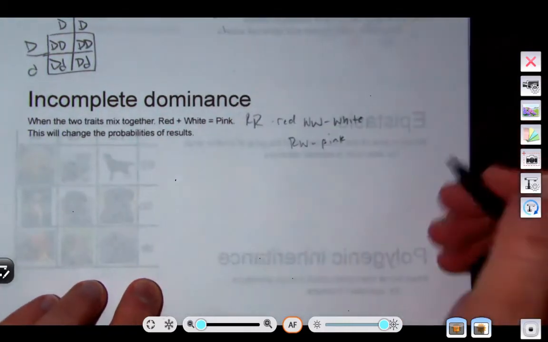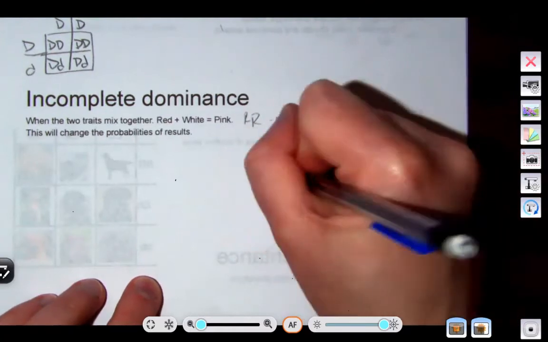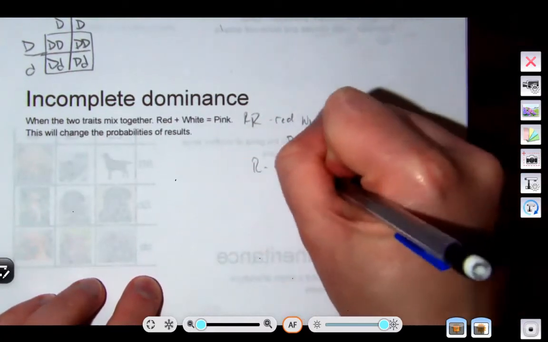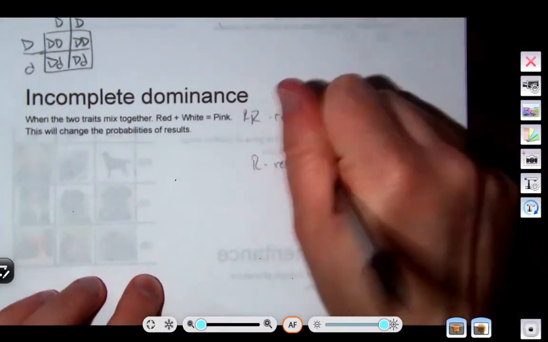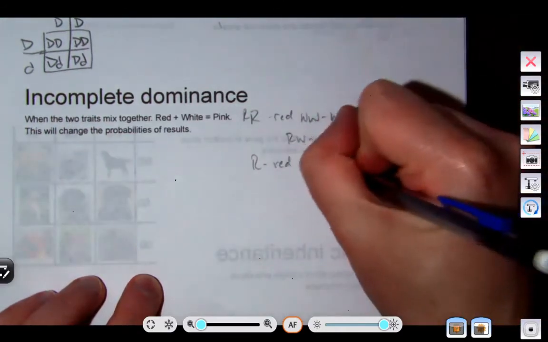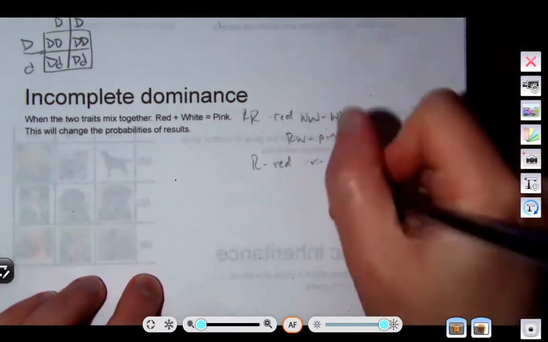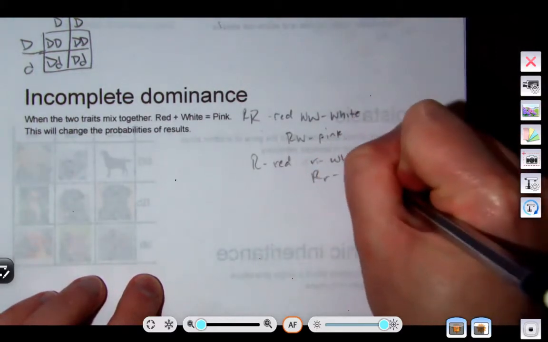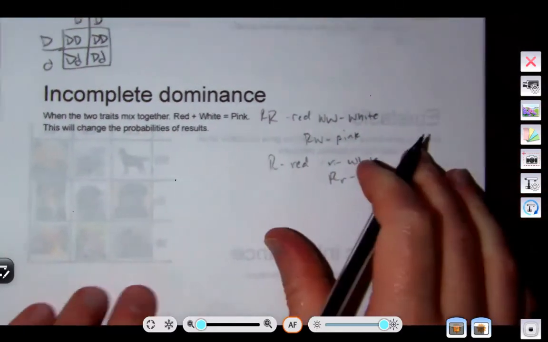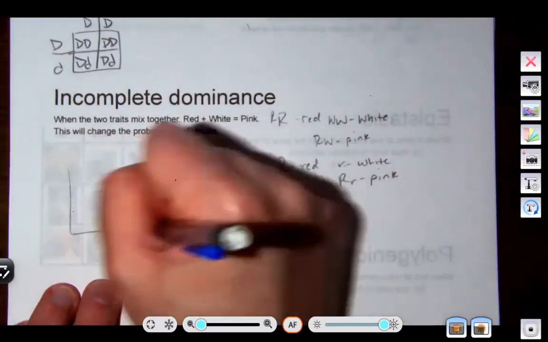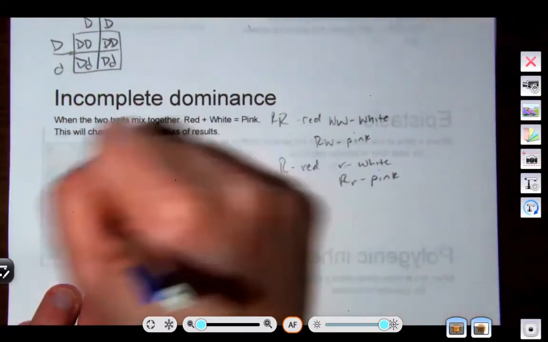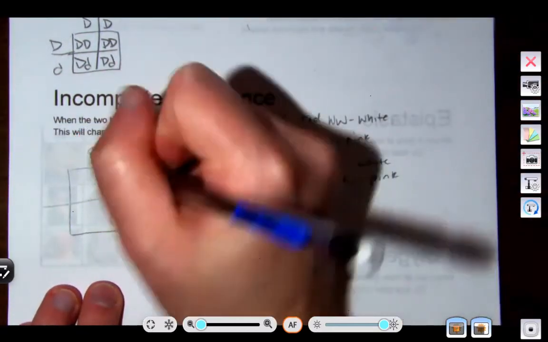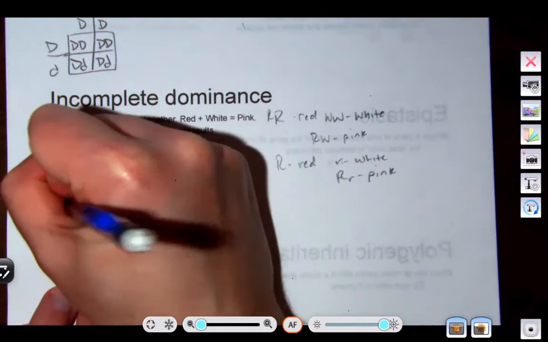Or if you want to just use one letter, big R for red, little r for white, and then big R, little r makes pink. Okay. Now, if I have a red plant and I mix it with a pink plant, I'm going to use R and W. It just makes things easier. Red is RR, and pink, RW.